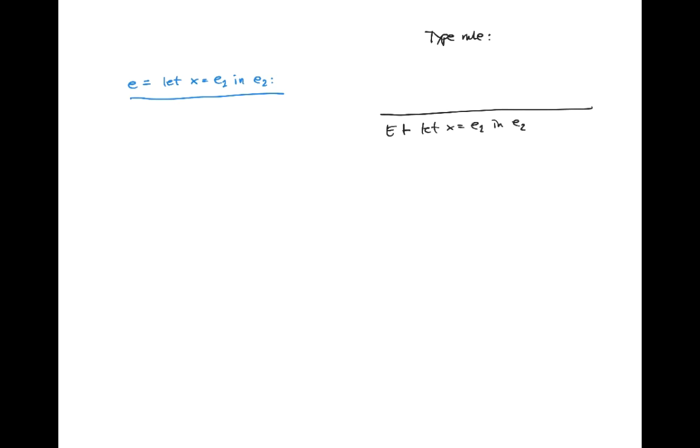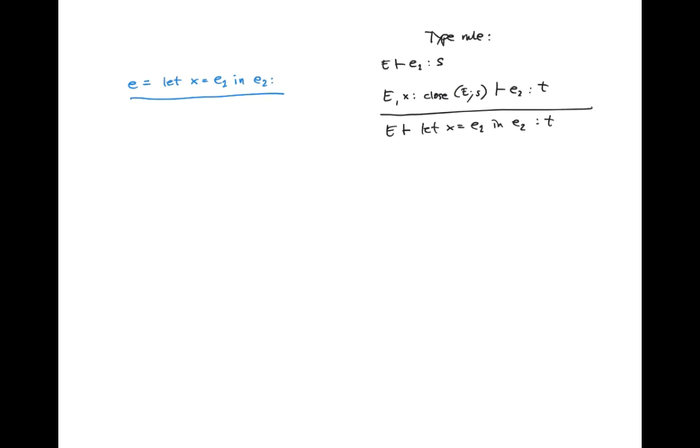What do we do? Well, first we must type E1, we get some type S, and then we add an assumption about the type of X. And here we close S with respect to S, and then we type E2, and the type T that we get becomes the T of the let expression.